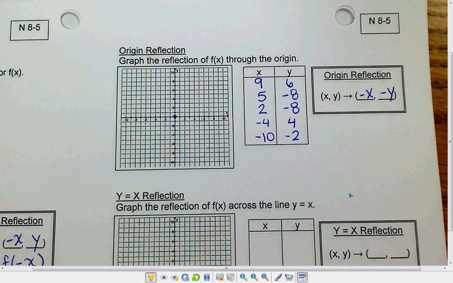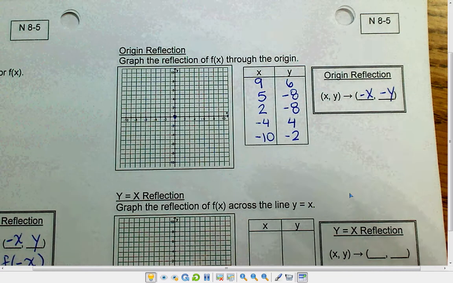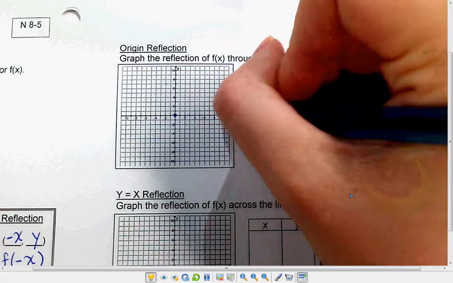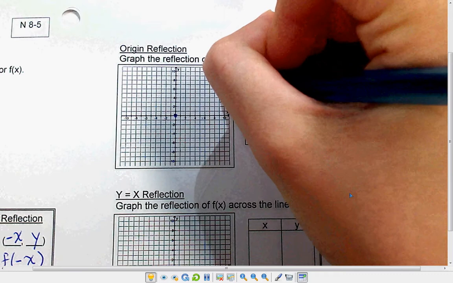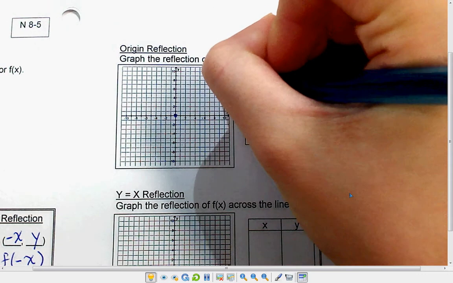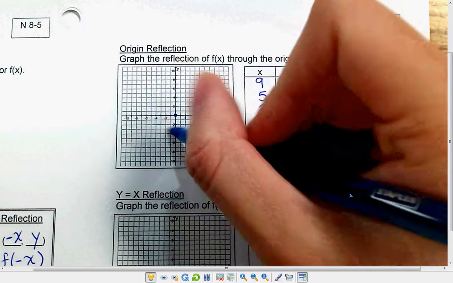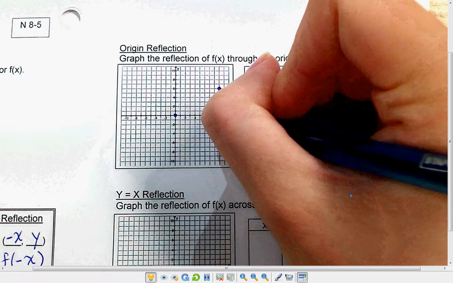So let's start off with 9, 6. So if 9 is my original function, or my x, and my y is 6, here's my first point right there. Now I have 5, negative 8. So 5 is my x value.